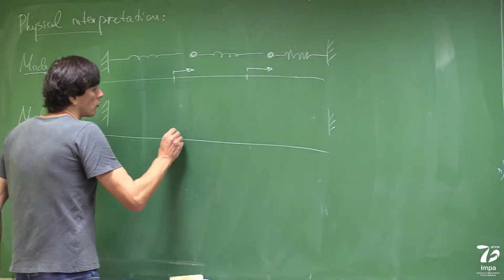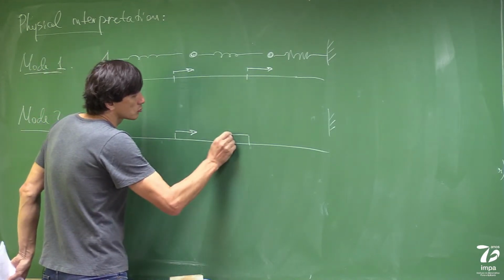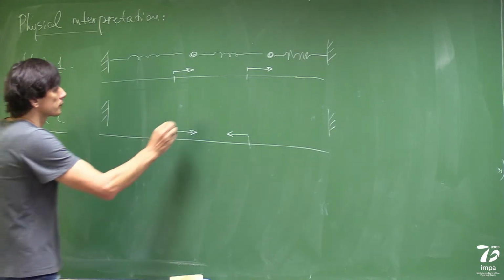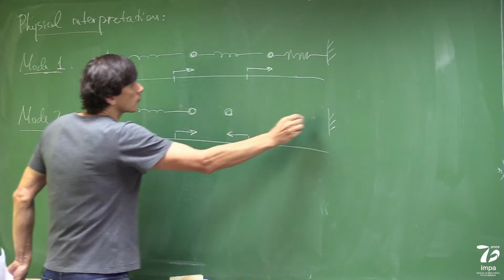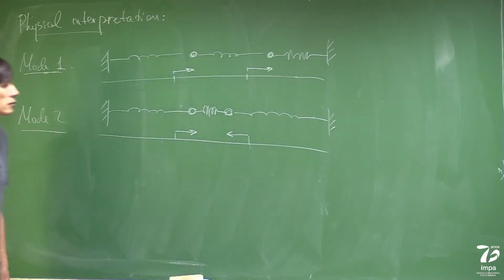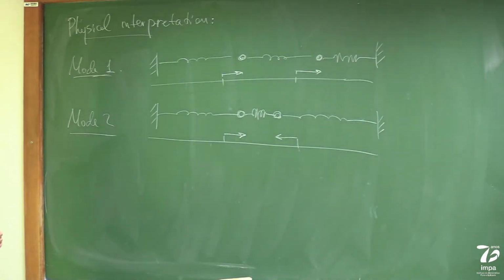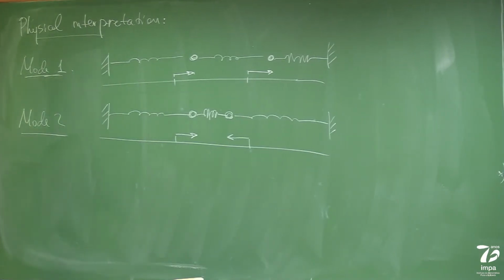Whenever the first mass moves right, the second mass moves left. Like this. So this is a motion against each other, and your intuition should tell you that this is a stiffer type of motion, so the frequency should be higher. So this is low frequency, and this is high frequency.